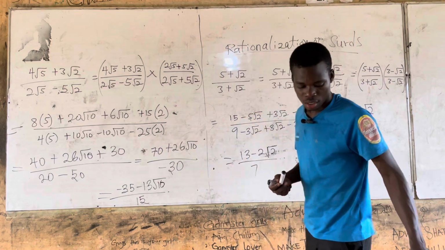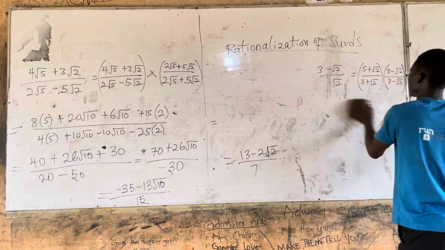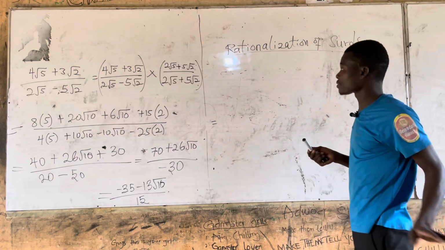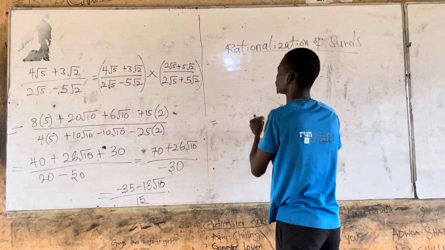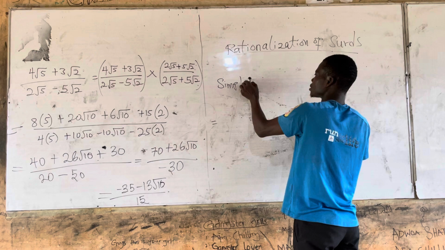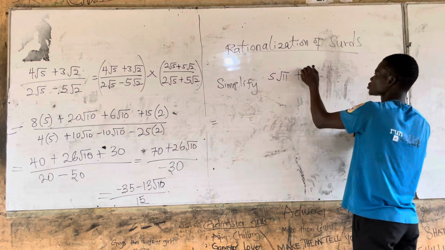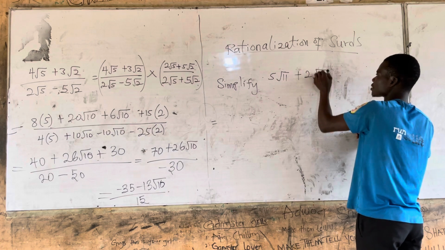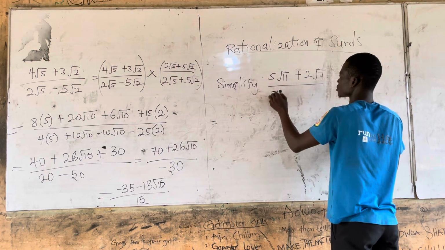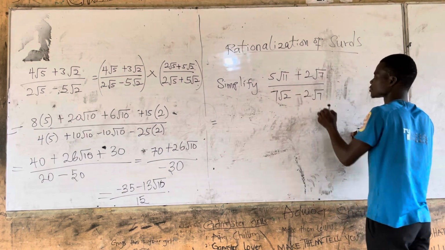So suppose we have this problem to simplify. We have to simplify 5 root 11 plus 2 root 7 all over 7 root 2 minus 2 root 7.